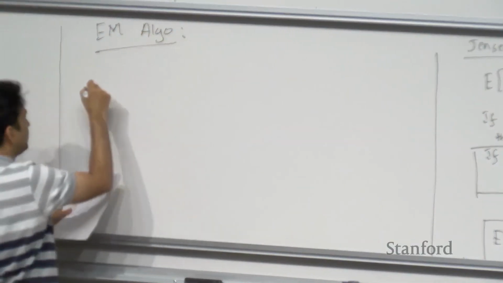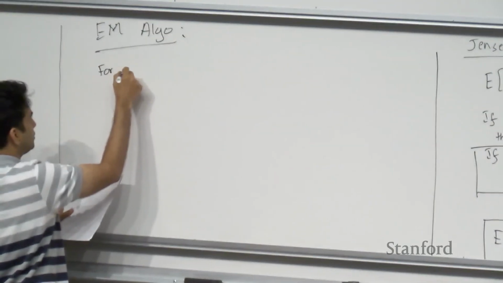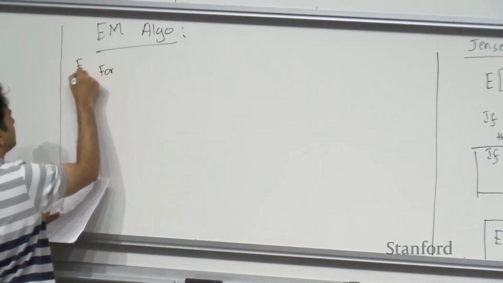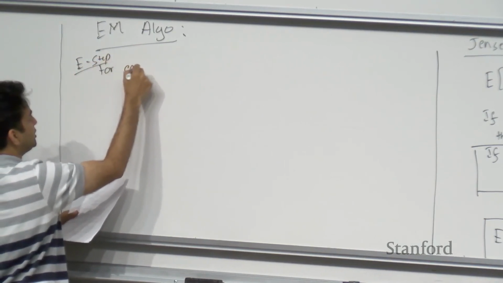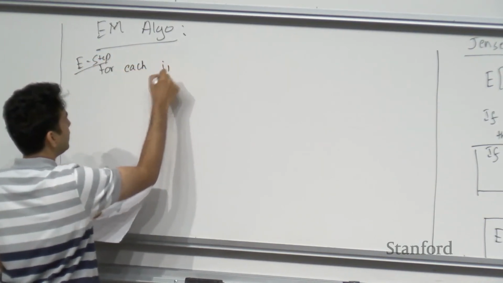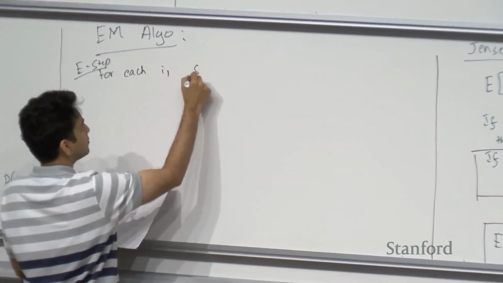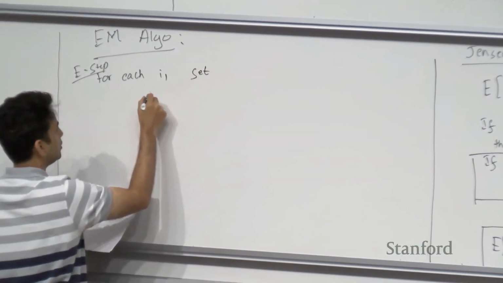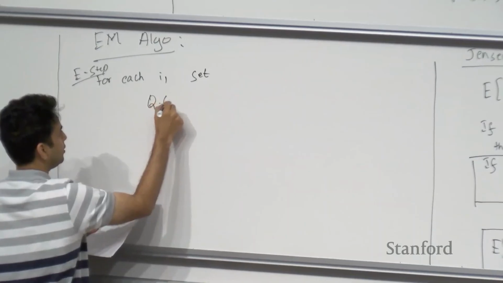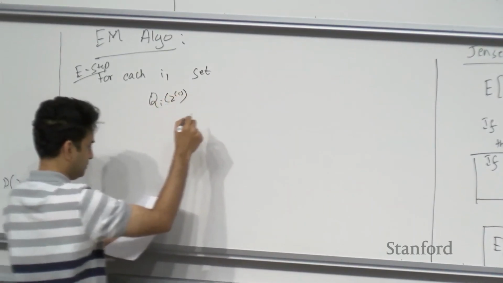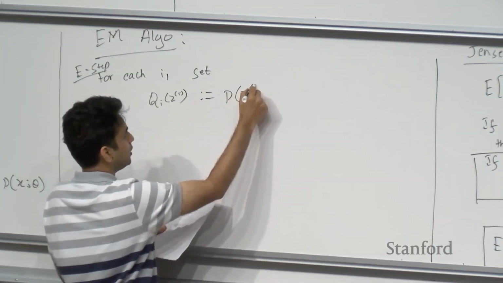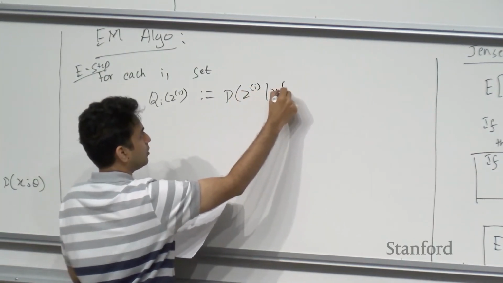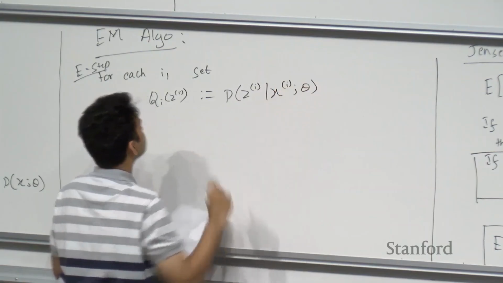The EM algorithm basically tells us: we have the E step, for each i, set Q_i of z_i equal to P of z_i given x_i comma theta.